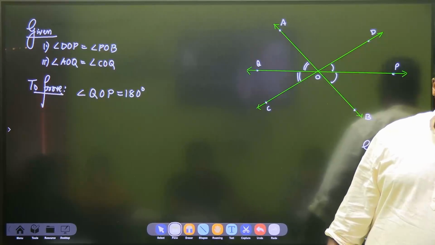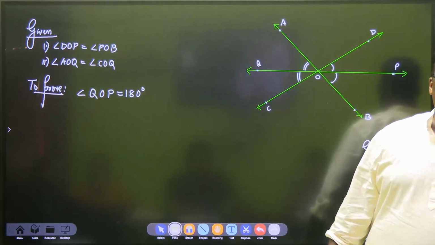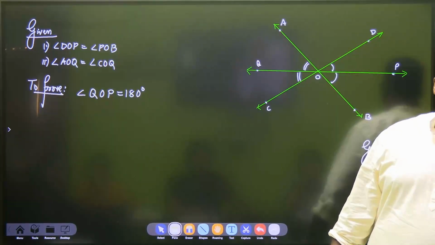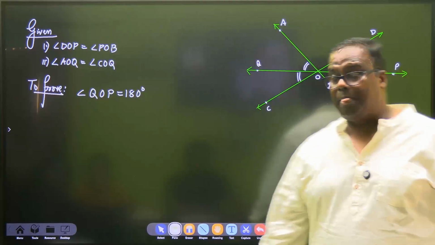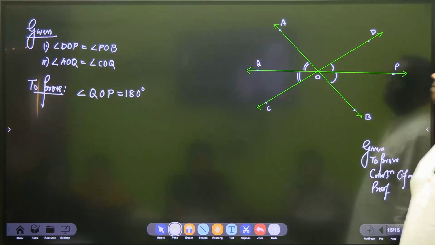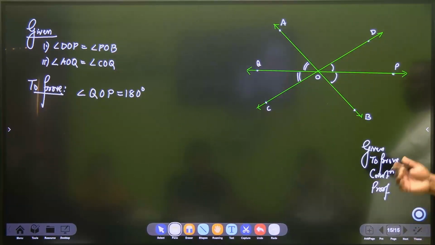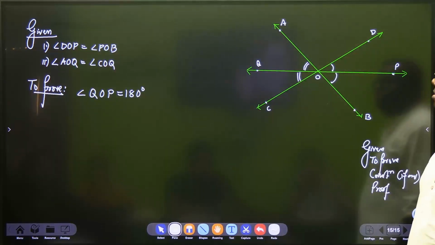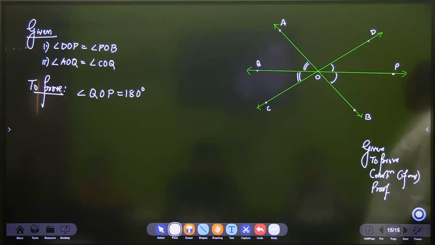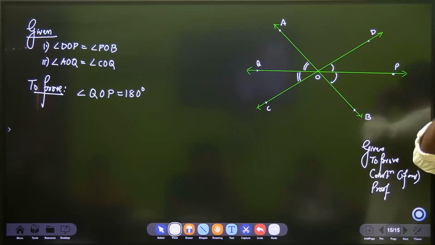Now, how do you prove it? Are QOC and DOP vertically opposite? Okay. How does that help you? Nothing is a straight line here.